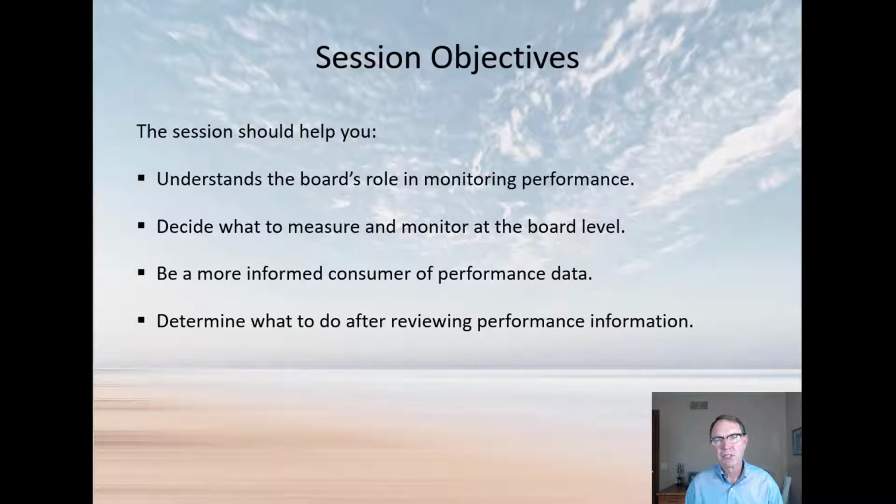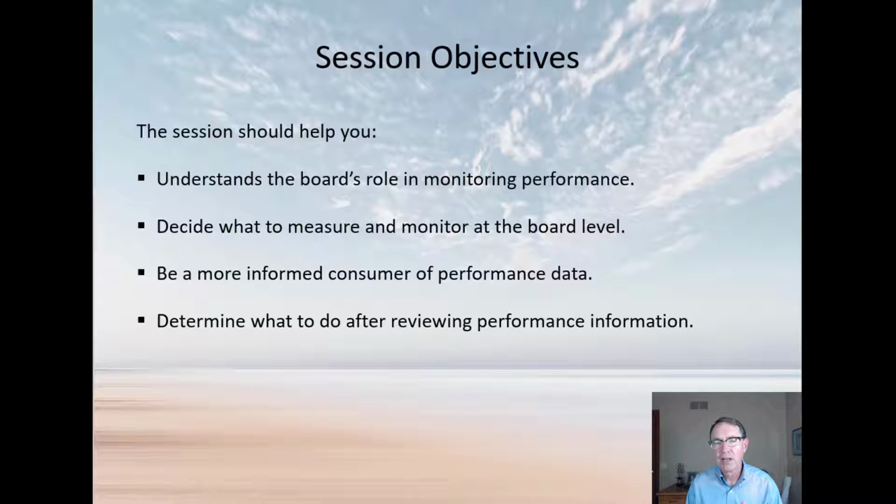We have several objectives for our session today. The first, we'd like to start off with understanding what the board's role is in monitoring performance. Really start from that perspective. And then talk about what to measure and monitor at the board level and how that differs from performance measuring that may be going on in other parts of the organization.